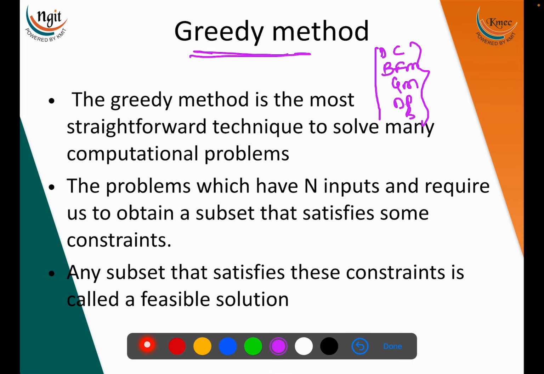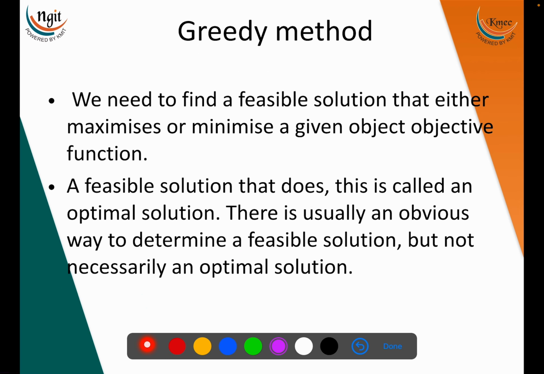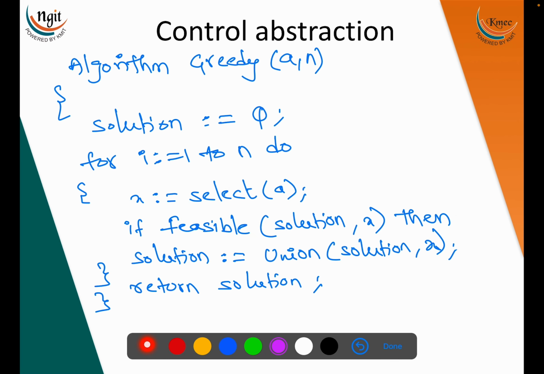Now, if I want to apply the greedy method on a problem which has n inputs and requires us to obtain a subset that satisfies some constraints, any subset that satisfies the constraints is called a feasible solution. The feasible solution that either maximizes or minimizes a given objective function is called an optimal solution.